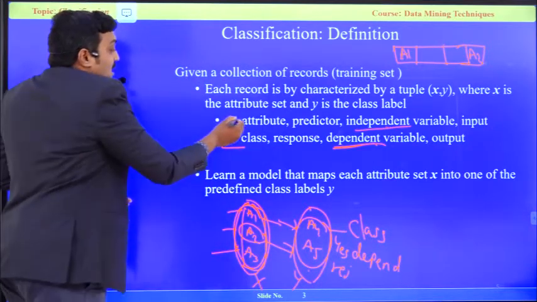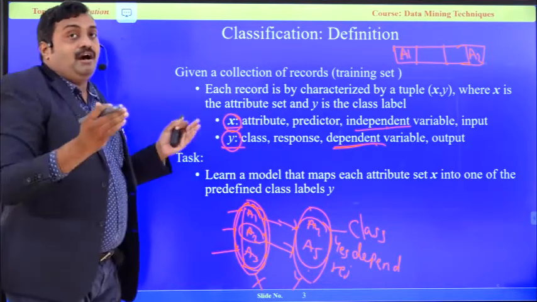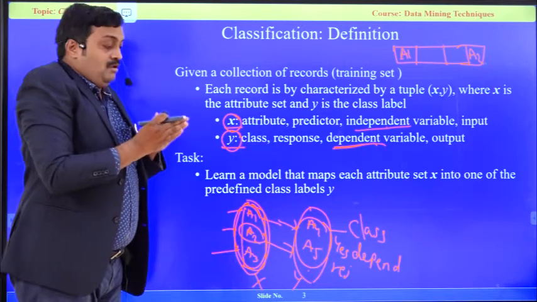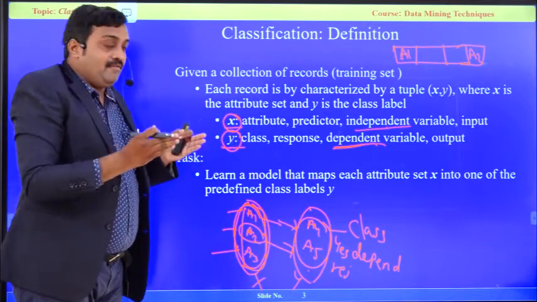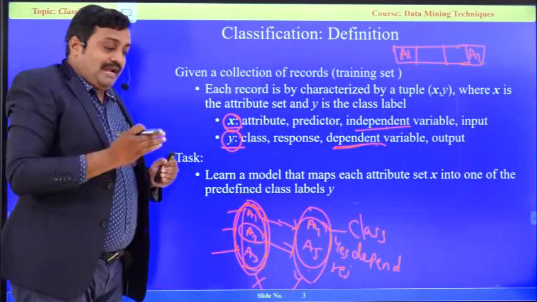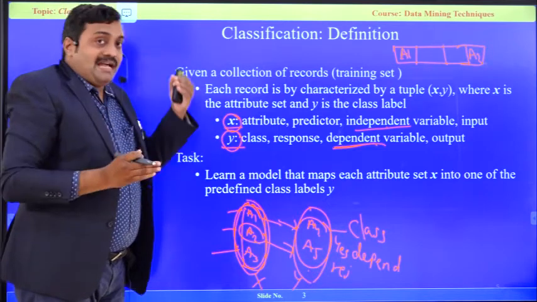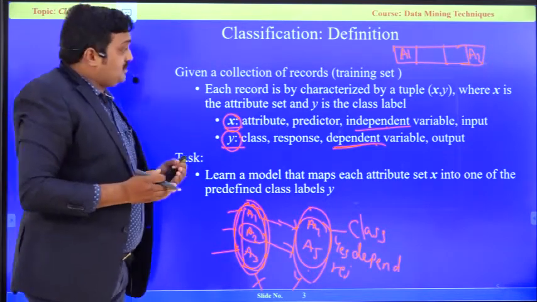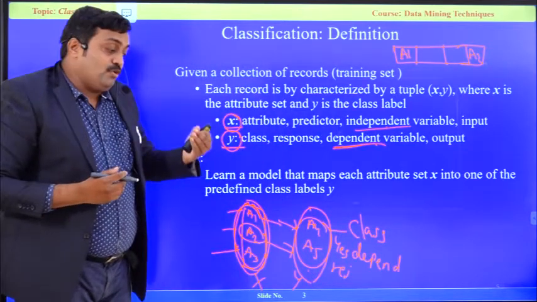So in classification, in a given record we have n number of attributes. From that we segregate all independent variables and the dependent variable along with the class labels, into two sets. X is all the independent variables and inputs, and based on these values we are going to predict.